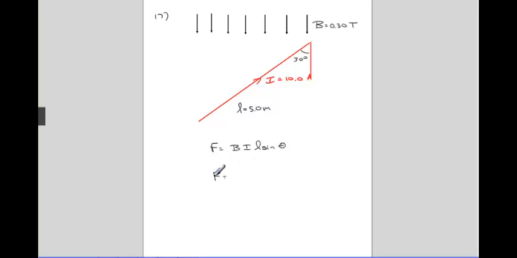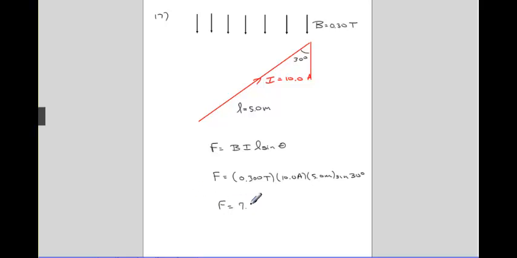In this case it's just a matter of plugging in the numbers: 0.300 Tesla, current of 10 amps, a length of 5 meters, and an angle of 30 degrees. So we get 0.3 times 10 times 5 times the sine of 30 degrees, which is a half, and we get 7.5.